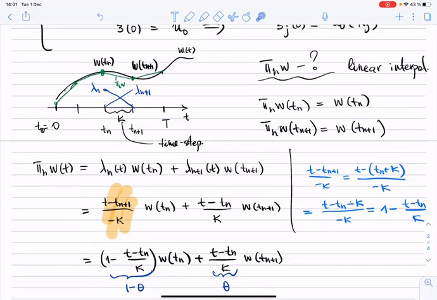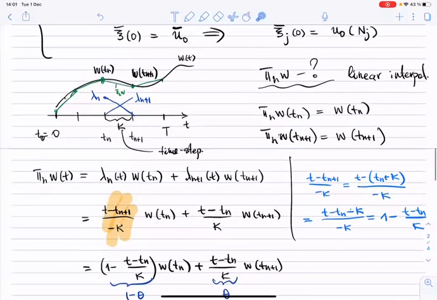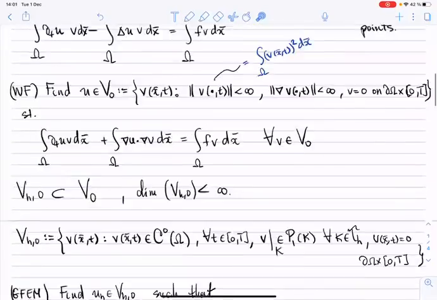So we discretized. We can just pick theta between 0 and 1. That means this line we could discretize with the nodal values of these functions at a given time interval. So the idea would be to use it here.